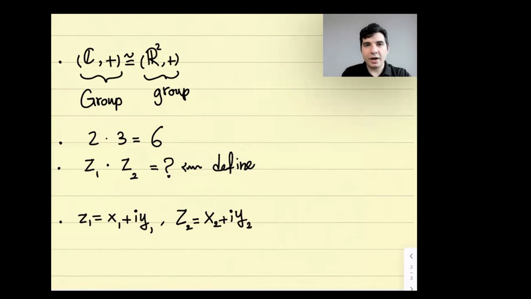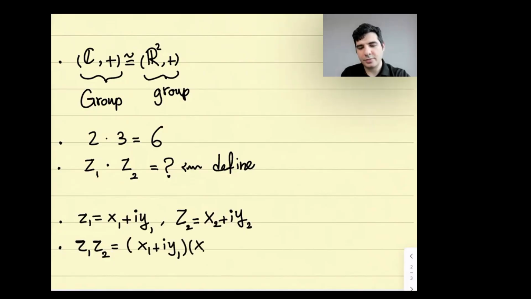In order to define this, we want to respect some essential algebraic properties of multiplication. So the definition of Z1 Z2 is given so that the associativity, distribution, etc. would still hold. So we have (x1 plus i y1) times (x2 plus i y2). We define the product so that the following would hold.